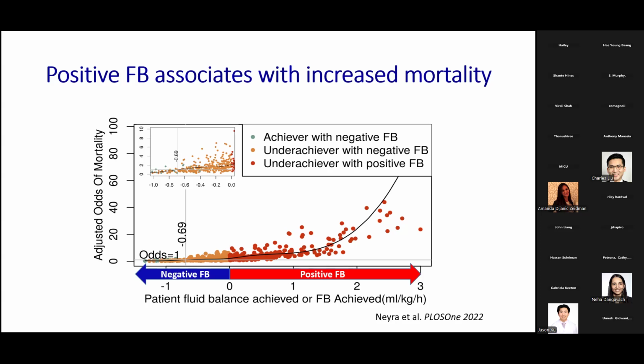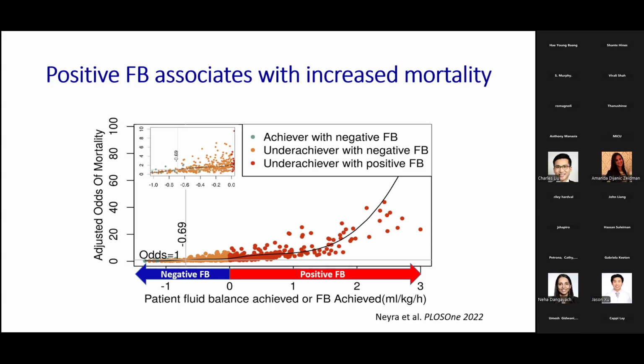So what we notice is that, despite us wanting a negative fluid balance in patients, and already doing it mechanically with CRRT, a lot of these patients still remain in positive fluid balance, as you can see there in the red dots. And if you model this fluid balance during the time of CRRT, adjusting by multiple factors, you can see that the more positive the patients are in terms of fluid balance when you want to remove fluid, the higher the risk of mortality in those patients.